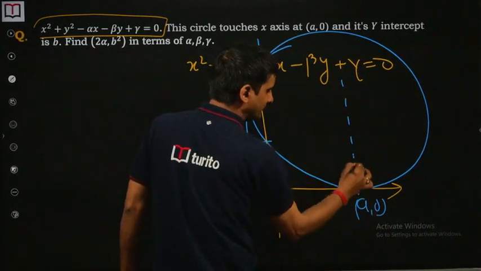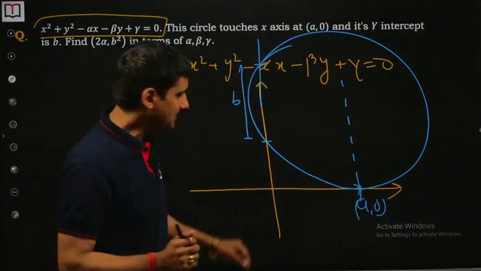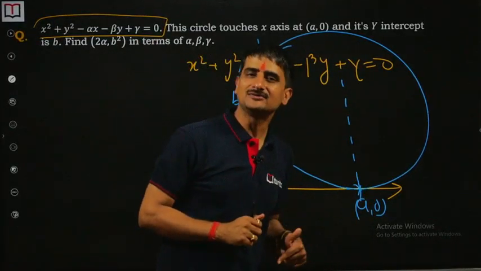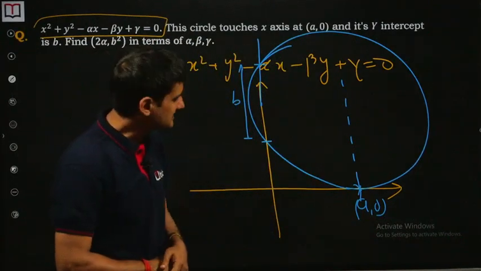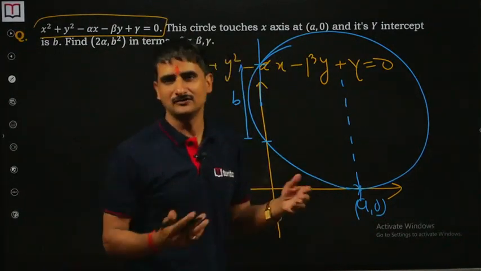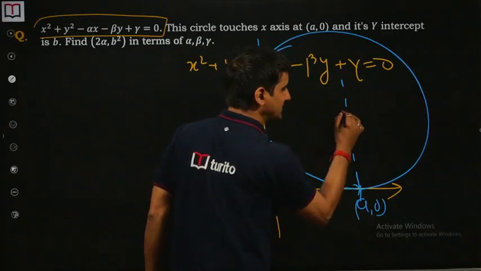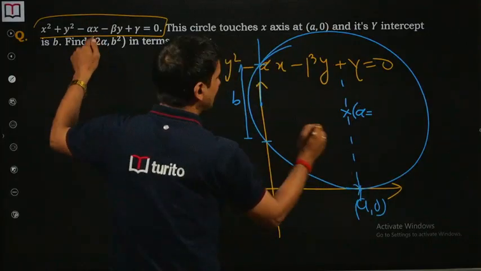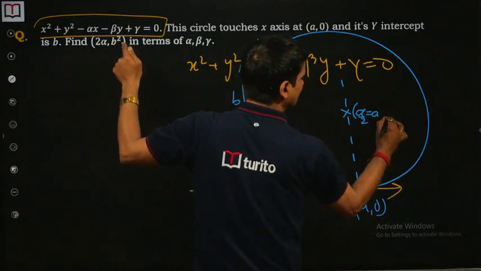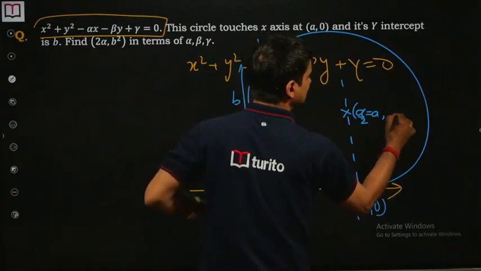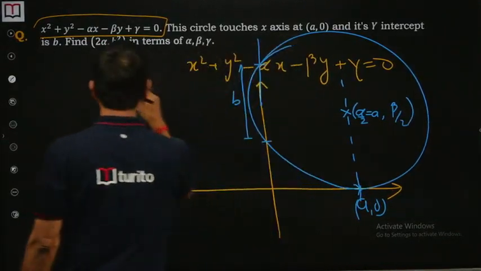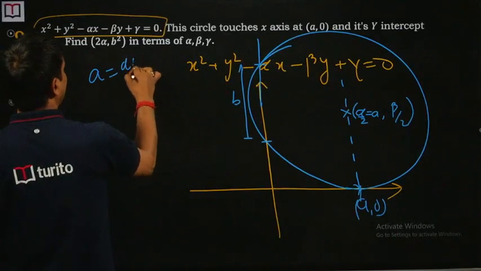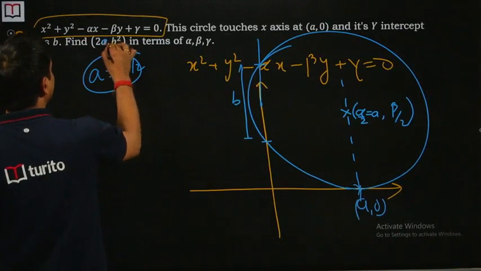Now see, we know the basic theorem says that the line drawn perpendicular to the tangent, which is the x-axis in this case, at the point of contact will always pass through the center. So it's a vertical line passing through the center. So the center's abscissa is alpha by 2, which is a, and the ordinate is beta by 2. So a is nothing but alpha by 2. So this should be 2a in that case.